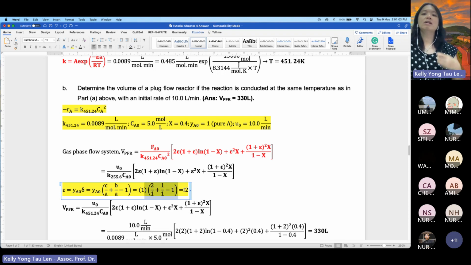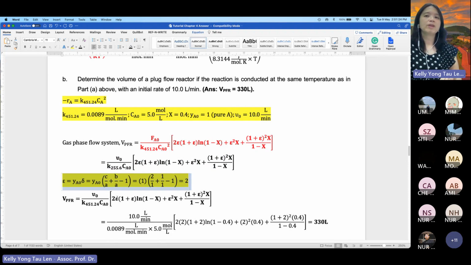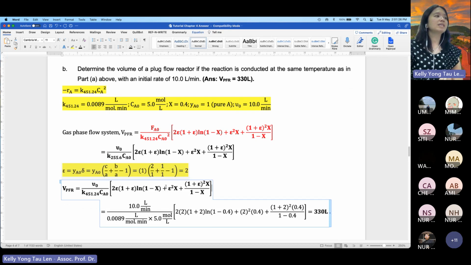So get epsilon ni dia boleh jadi positif, dia boleh jadi negatif. Okay, bergantung kepada your reaction actually. Okay, so if you get negative pun also fine, you get positive is also fine. Okay, so in our case here we get epsilon as 2. So this part kamu kena tahulah pengiraan dia. Equation tu diberi tapi sigma tu tak diberi sebab sigma tu berubah depending on the question. Okay, so the rest you can already replace the same.